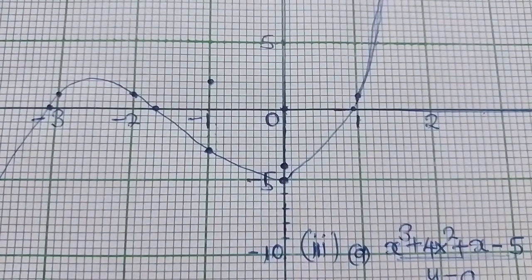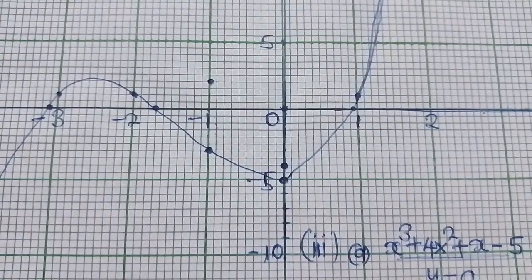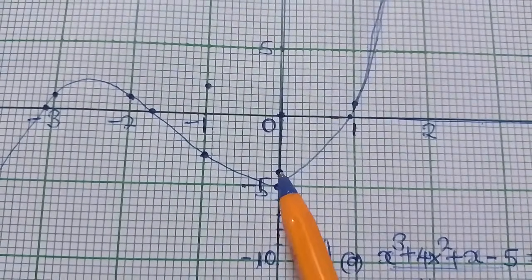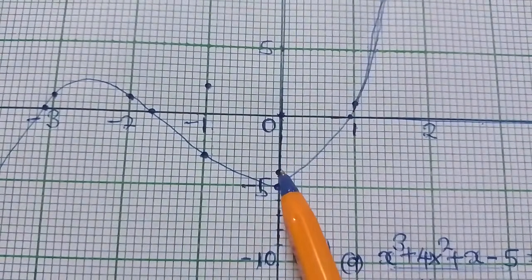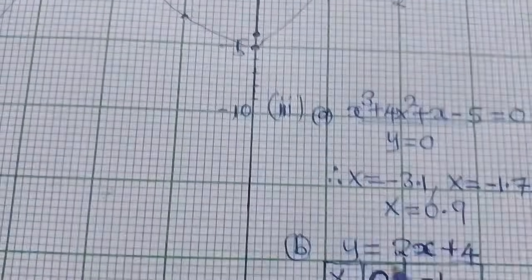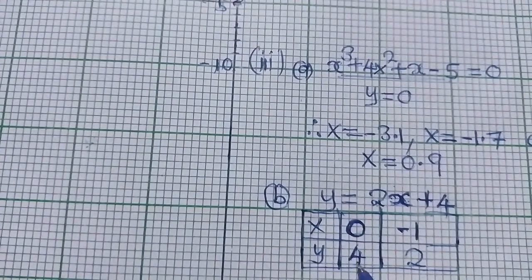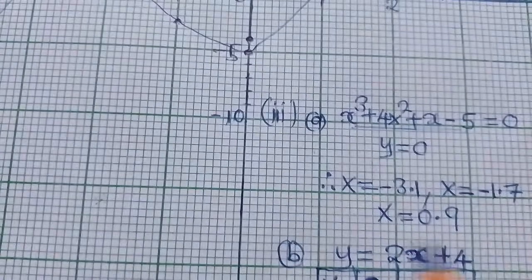Hope you are able to see the coordinates. As you can see, I was moving toward the negative y-axis. The coordinate was 0, 4, on the positive axis, not negative 4.